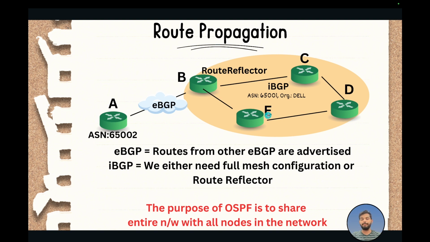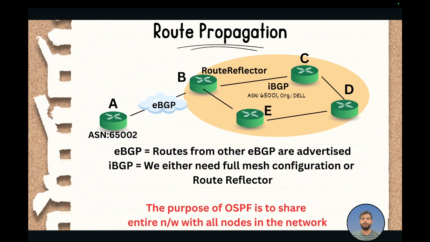We will have a brief overview of route reflectors and what we are seeing here in upcoming slides, but just to give you an overview: when we are using eBGP, routes learned from other eBGP neighbors are advertised directly.